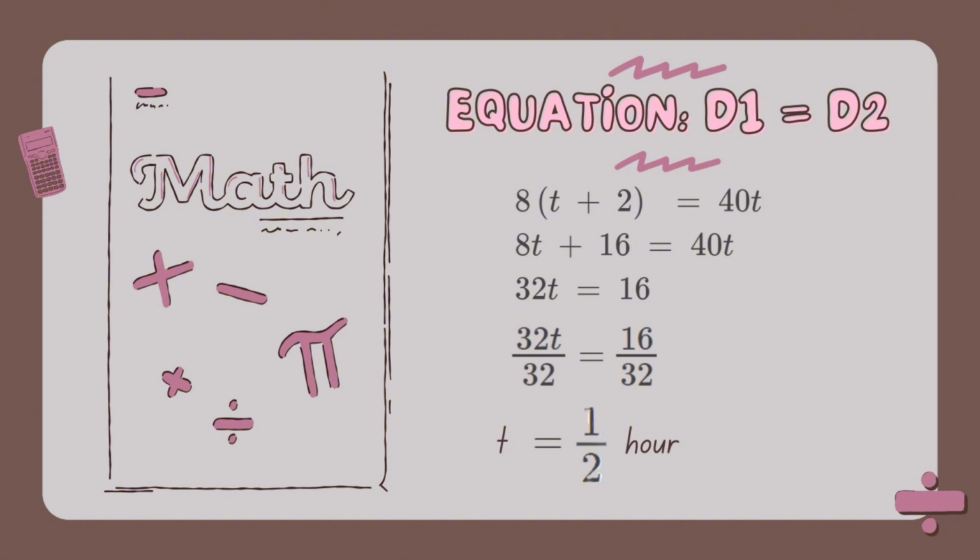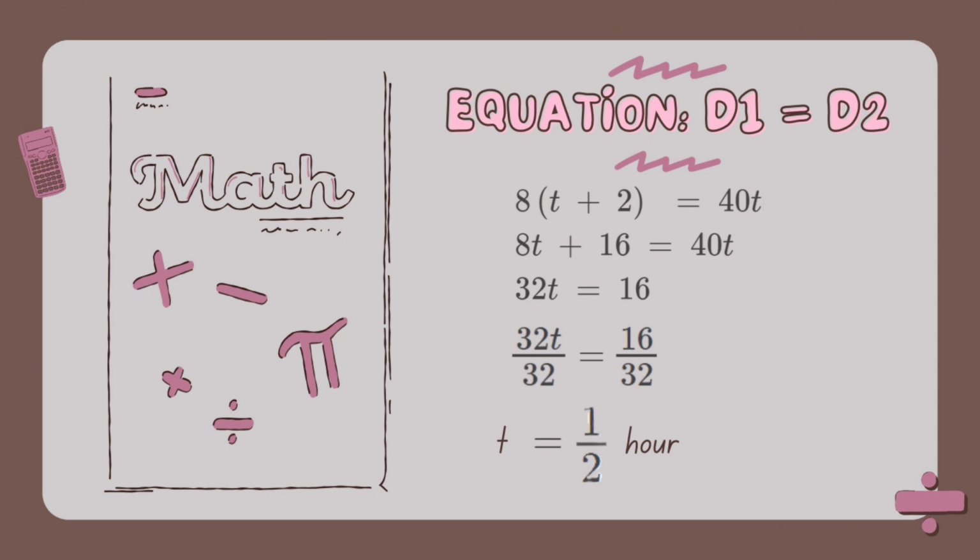So 8t minus 40t equals negative 16. The next step is to combine like terms. 8t minus 40t is negative 32t, equals negative 16.